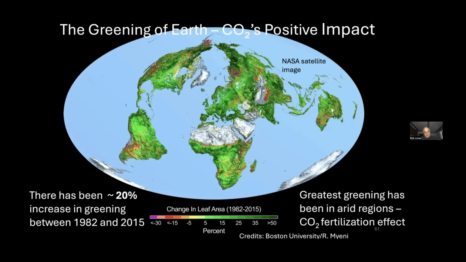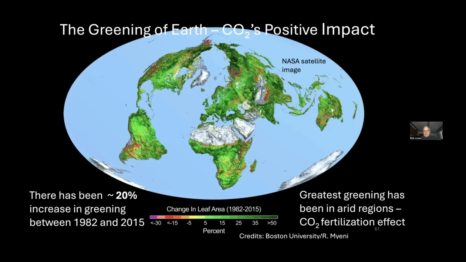They close their stomata, they grow fewer of them, which means they have less water loss, which means plants can start to grow in more arid soils. And as a consequence, we've actually had a net decrease in the Earth's total desert areas.